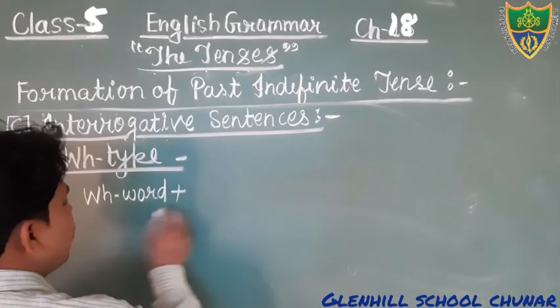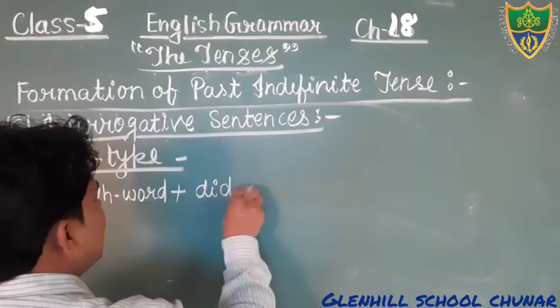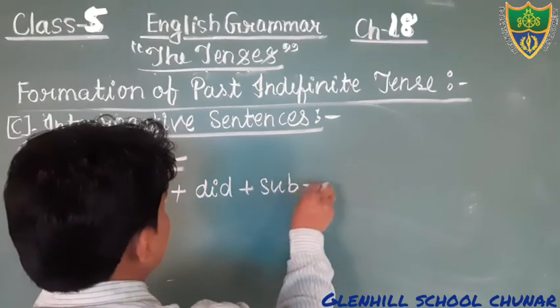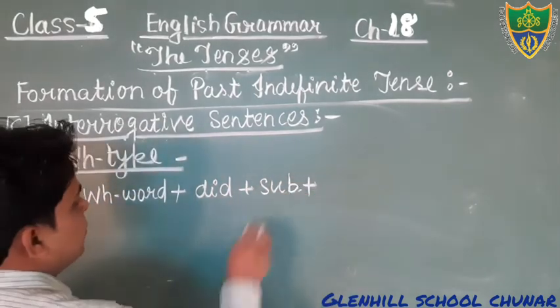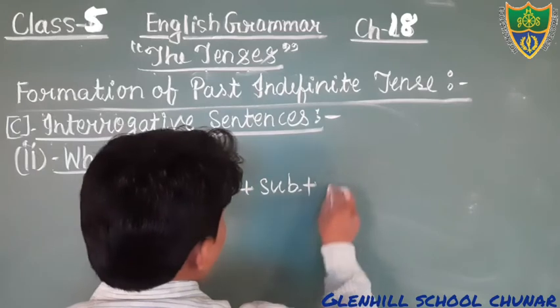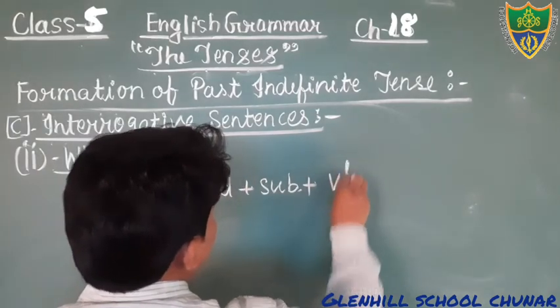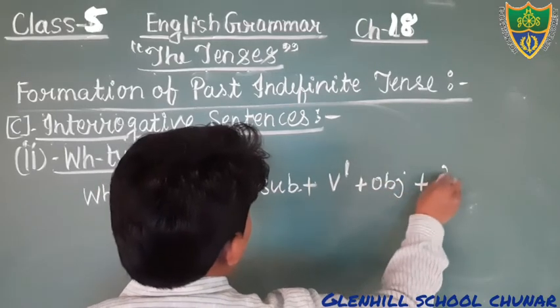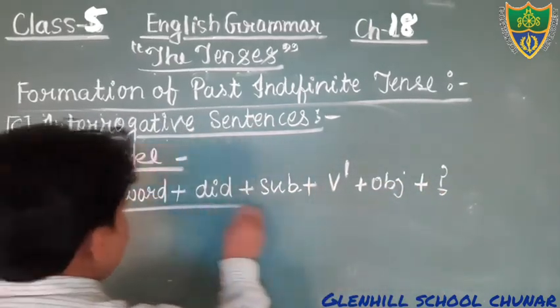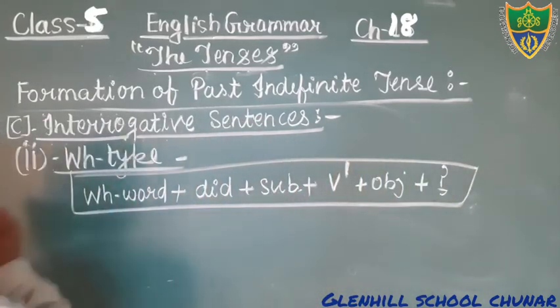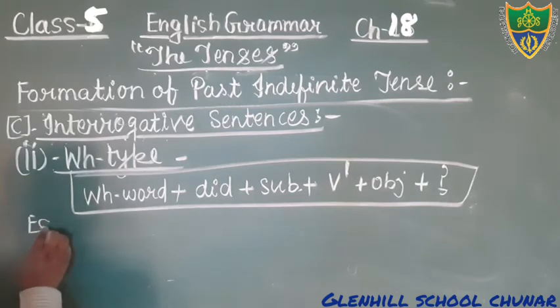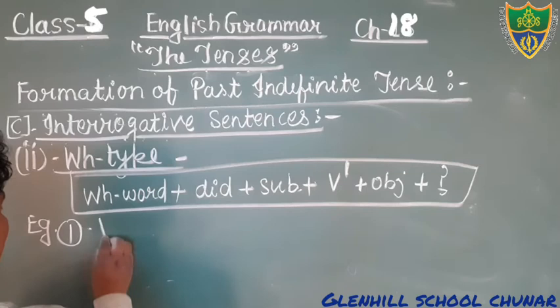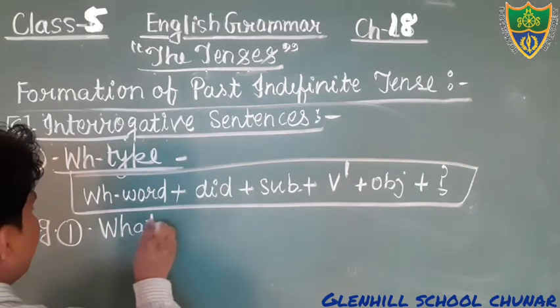Just see, WH word, then after did, then after subject will be there. Then after verb will be there, and verb in the first form, and then after, if object is there, you will mention object, then after question mark. So just see, this is your structure of WH type, and we can see the example.